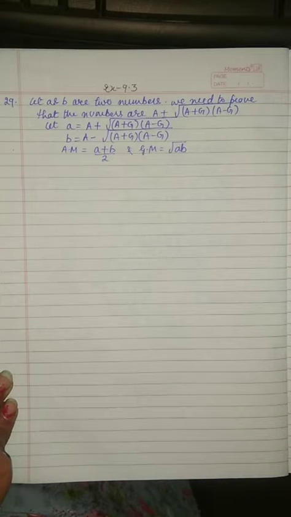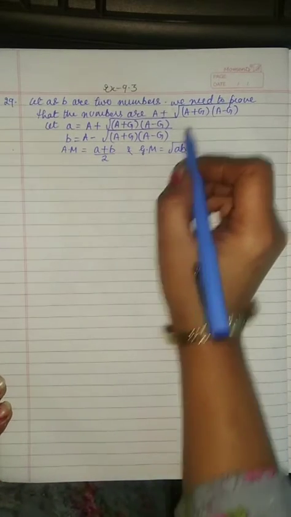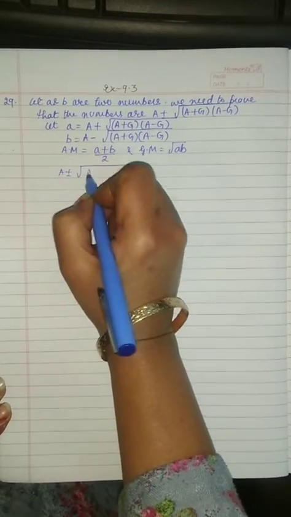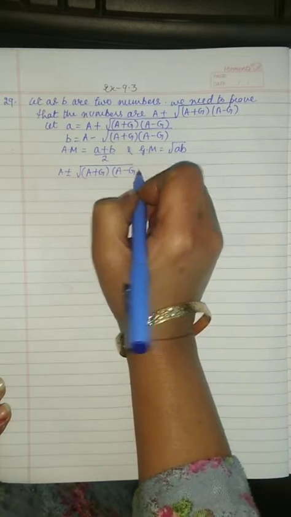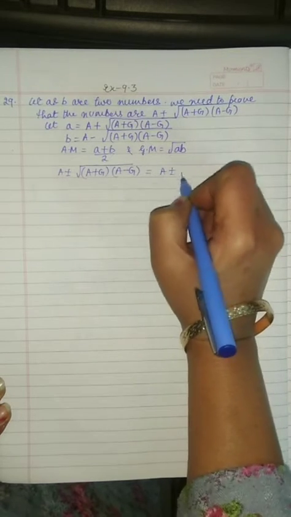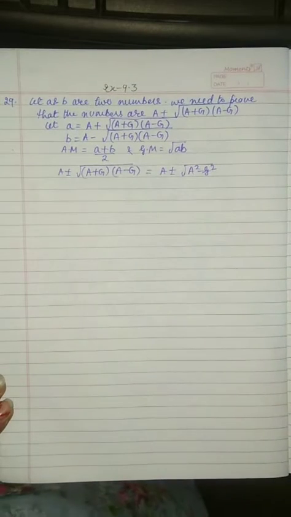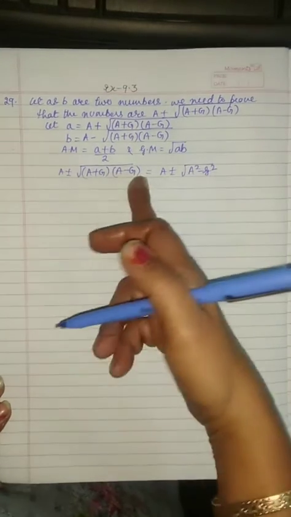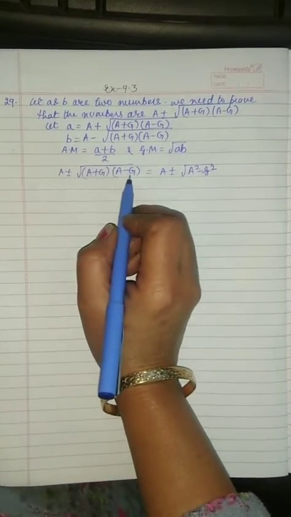Now we will solve this: A plus minus under root (A plus G) into (A minus G), which is equal to A plus minus under root A square minus G square. So we will put the value of A and G in all the places where we have A and G.